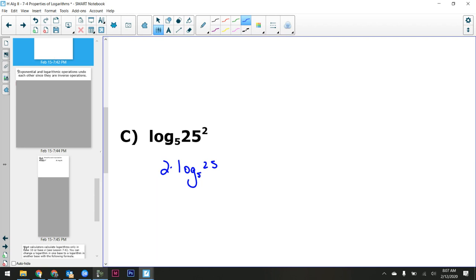What is log base 5 of 25? 2. So this turns into 2 times 2, or just 4. Does that make sense?